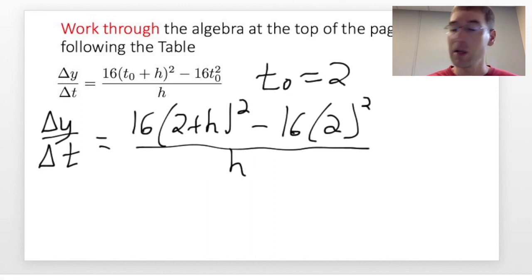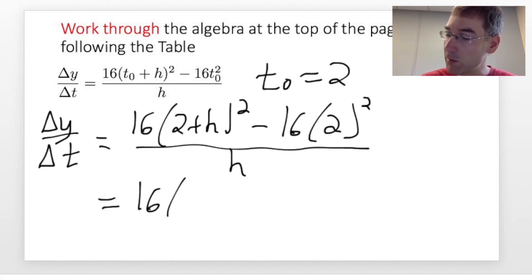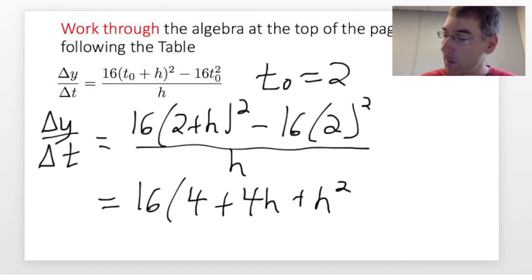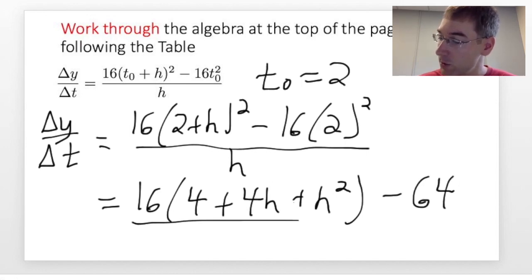Okay, I'll multiply out 2 plus h quantity squared. We'd have 16 times 4 plus 4h plus h squared minus 16 times 4 is 64 all over h.